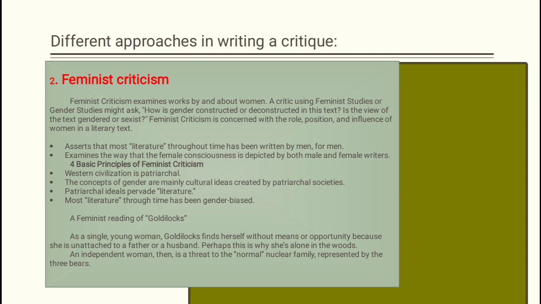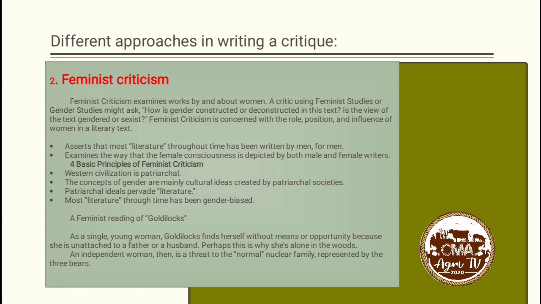There are four basic principles of feminist criticism. The first one is that Western civilization is patriarchal. Number two, the concepts of gender are mainly cultural ideas created by patriarchal societies. That is why during the early times, class, gender mattered when it came to society.